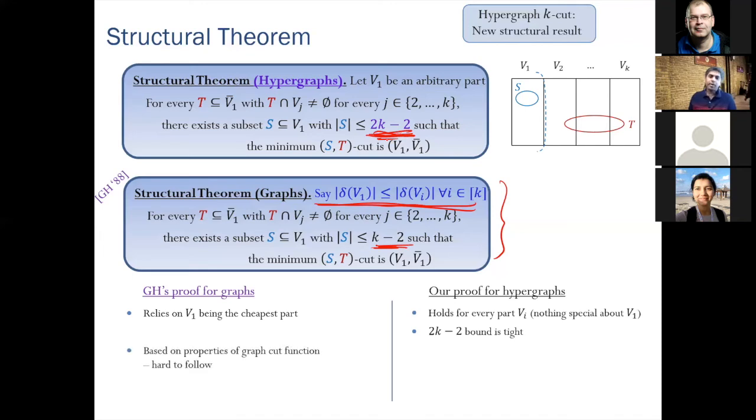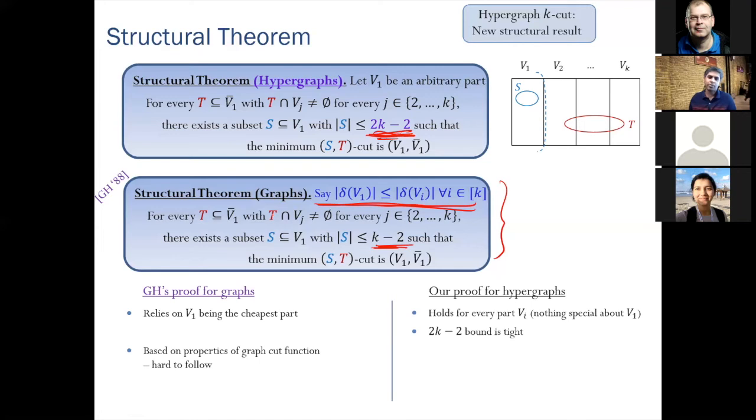And one more remark, the proof of the structural theorem of Goldschmidt and Hochbaum is heavily based on the properties of the graph cut function. It is a bit hard to follow. They count graph edges very carefully throughout their proof.